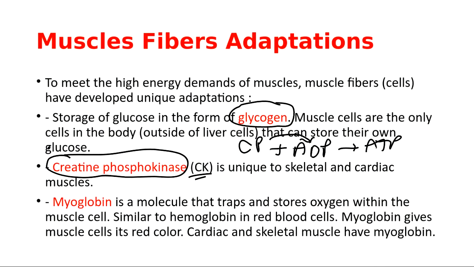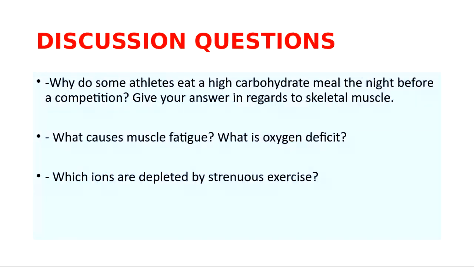And then finally, myoglobin, which is an oxygen storage molecule. And this one is present in cardiac and skeletal muscle. Smooth muscle is considered white muscle. Myoglobin is what gives skeletal muscle the red color. Myoglobin is similar to hemoglobin.